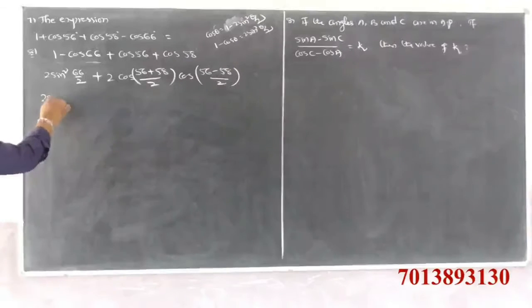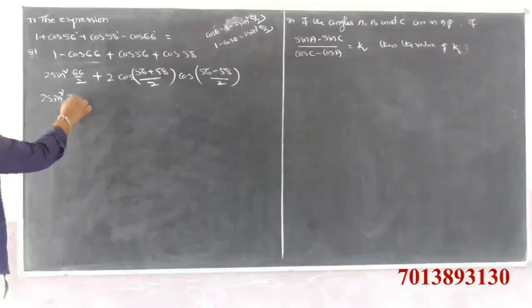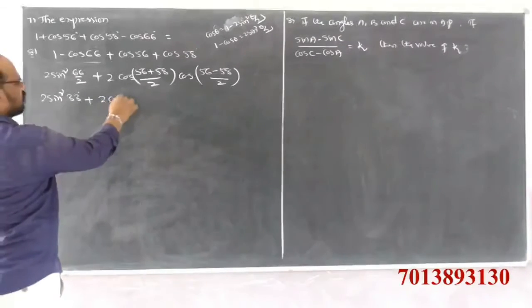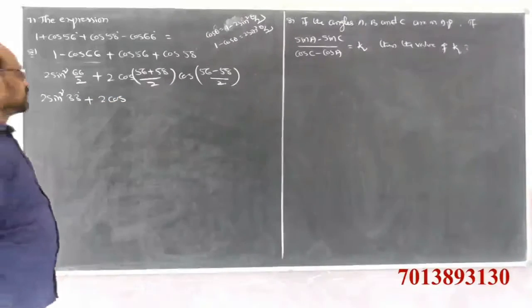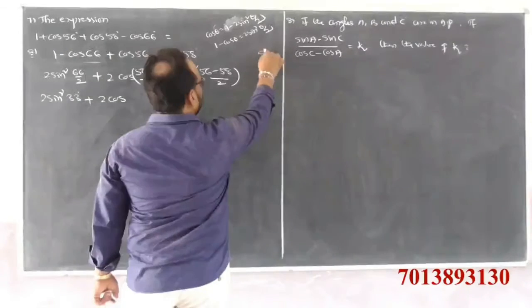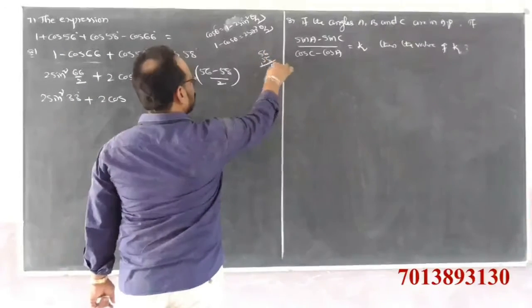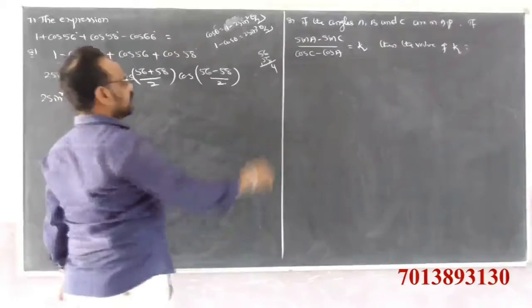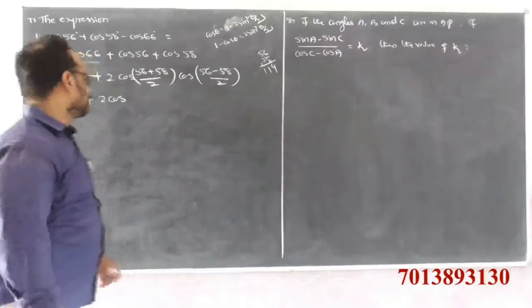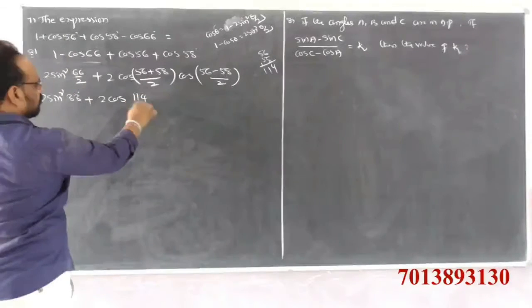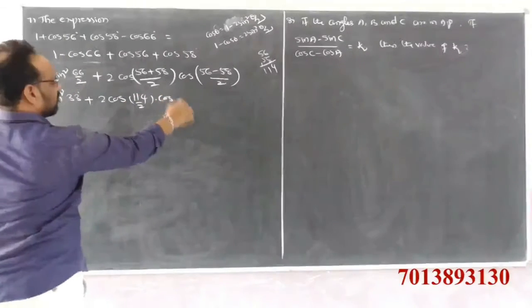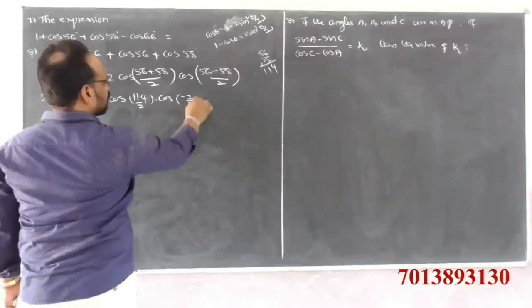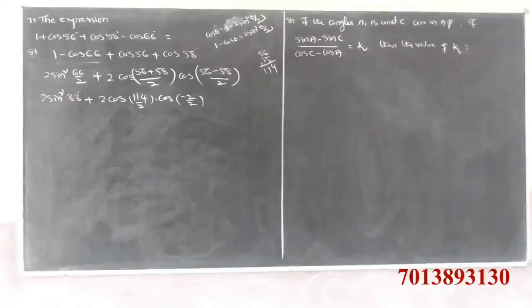So 2 sine square 66 by 2 is nothing but 33 degrees, plus 2 cos 56 plus 58 by 2. 56 plus 58 is clearly 114. So 114 by 2 into cos 56 minus 58 by 2, that is minus 2 by 2, clearly that is 1.